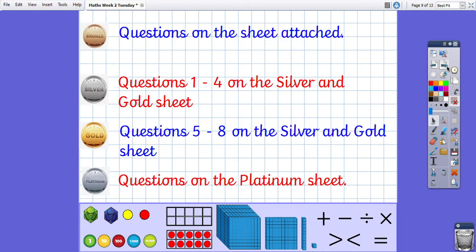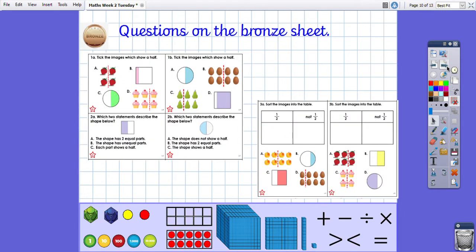So, your questions today. If you are doing bronze, you will need to answer these questions. So your first two, you've got to tick some images. The second two, you need to decide which statements, A, B or C, describe the shapes. And then for question 3A and 3B, you need to sort the images into which of them show one half and which do not show one half.